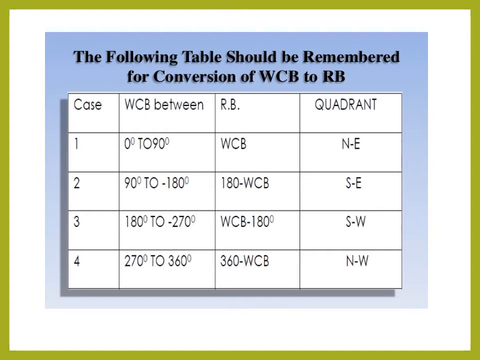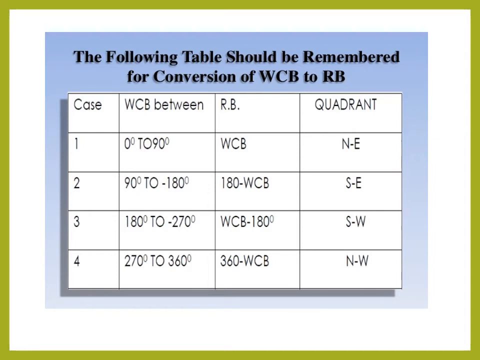If it is located in the second quadrant, that is between 90 to 180 degree, then we have to subtract the whole circle bearing from 180 degree, so that you have to write south, that angle, then east, you will get the reduced bearing.